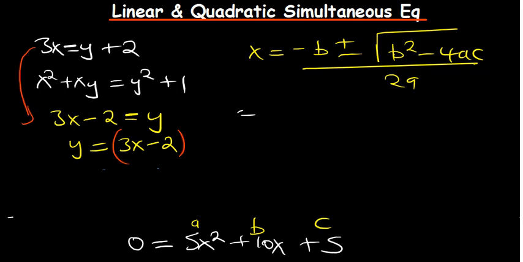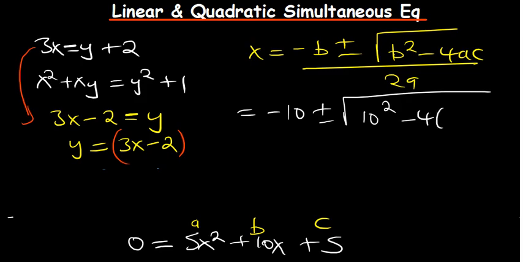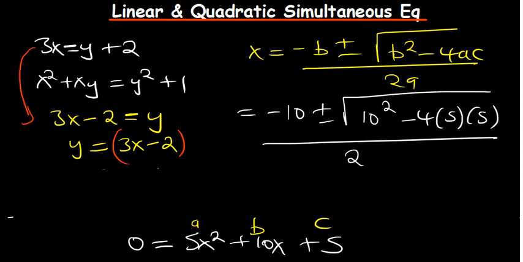So let's try to find the value of x. For b we have minus 10, plus or minus the root of b squared, that's 10 squared, minus 4 times a, which is 5, times c, which is 5 again, over 2 times a. Our a is 5.